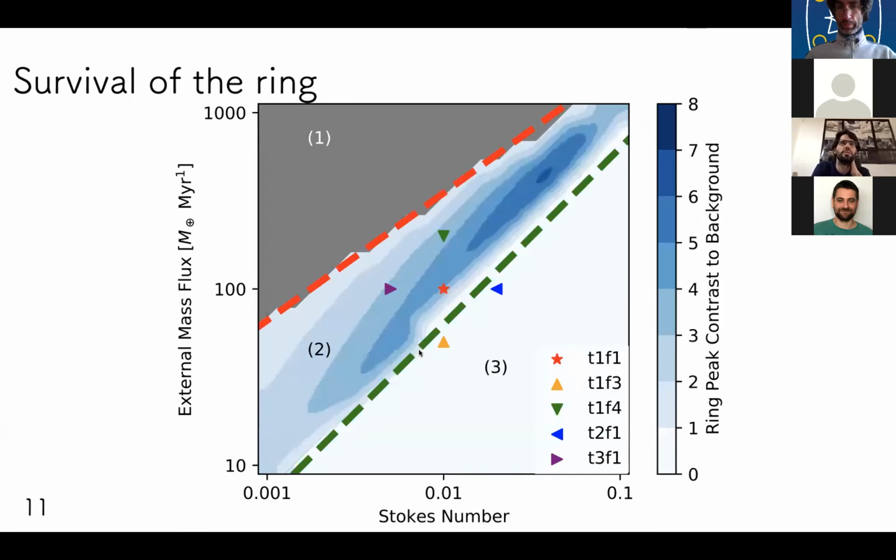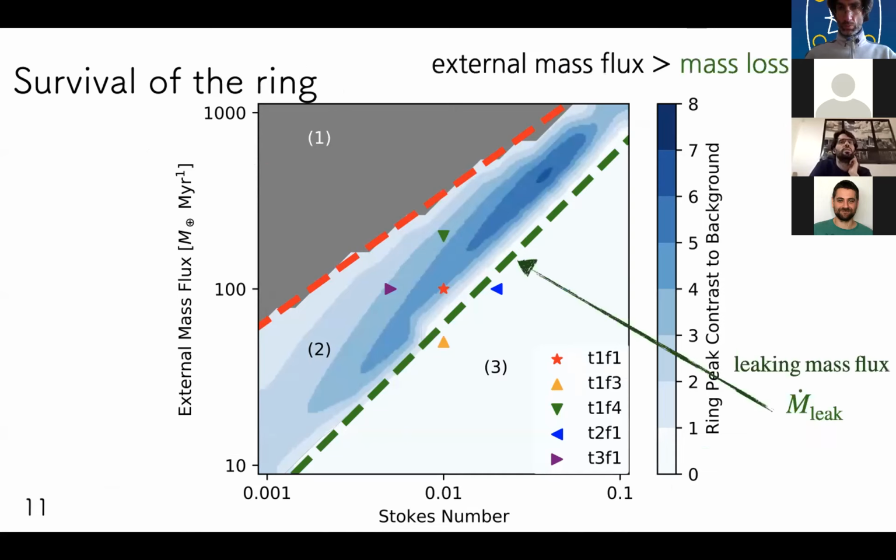We investigate a large parameter space for such a mechanism. The x-axis is the Stokes number, as I mentioned before, which is just the aerodynamic size of the particle. The larger the Stokes number, the larger the particle, and also the external mass flux. The surviving ring is just a fact that we have a larger external mass flux to support the ring than the mass that's leaking from the ring region to the inner region.